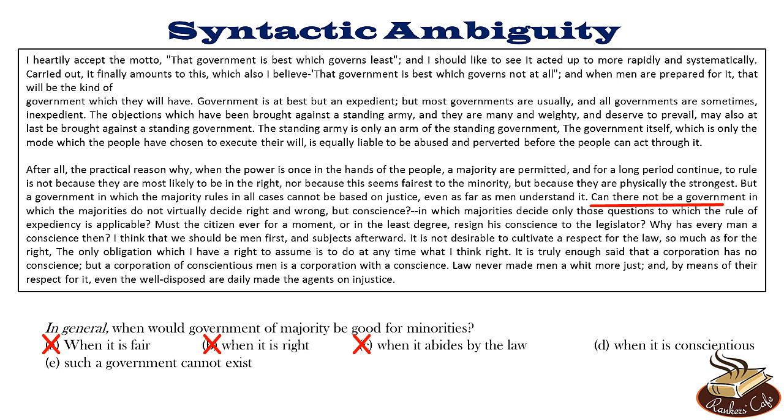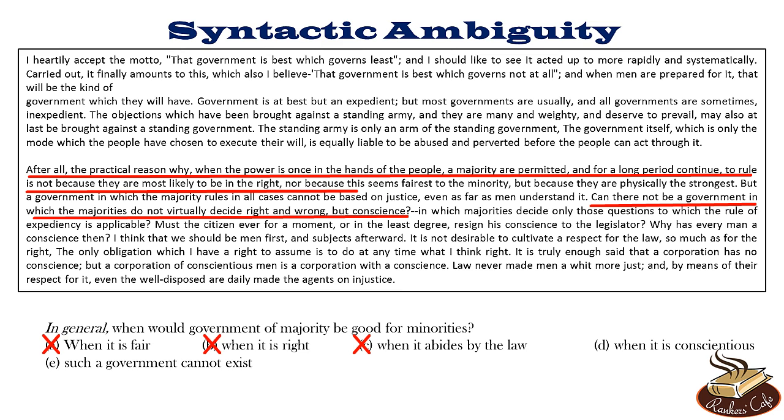The structural relationship that we drew earlier in the ambiguous sounding sentence makes it clear that conscience should decide right and wrong. The writer has stated in the previous part of the passage that fair is not that which the majority decides. He indicates that fair is that which is decided by conscience. Additionally, he has not stated directly anywhere nor implied that a fair government can never exist.